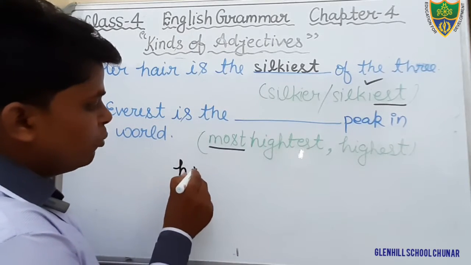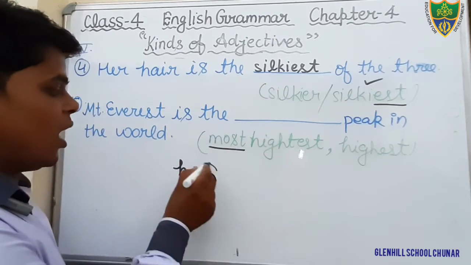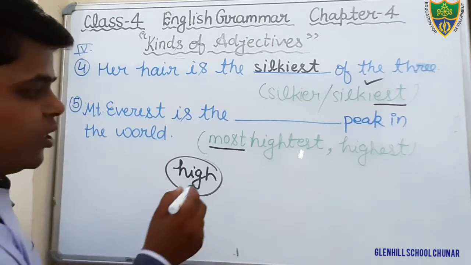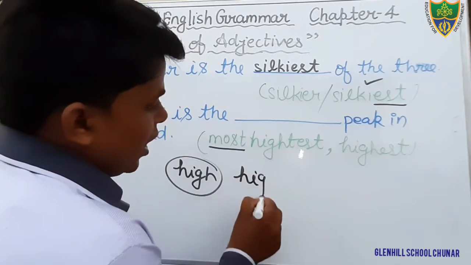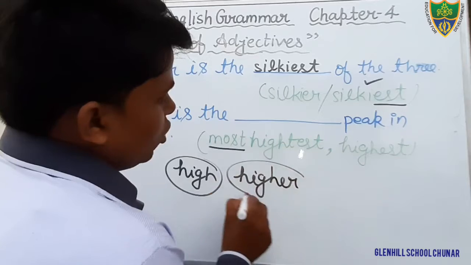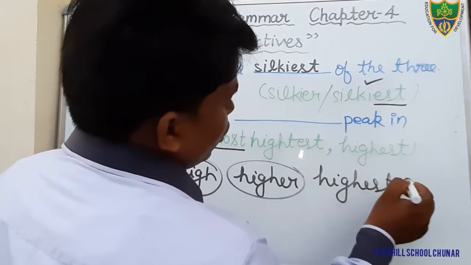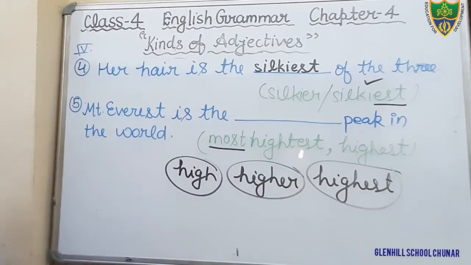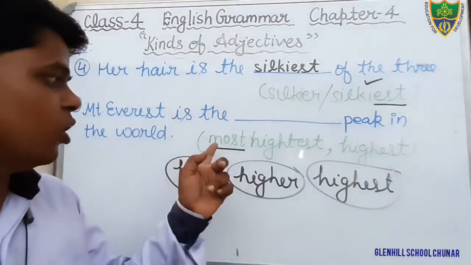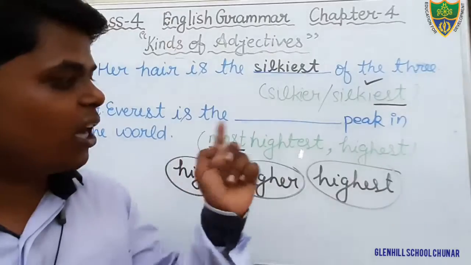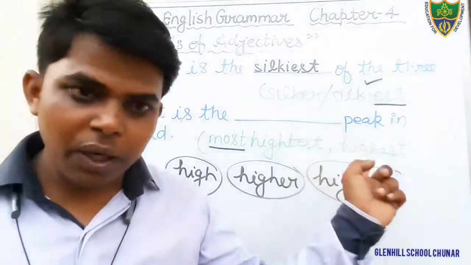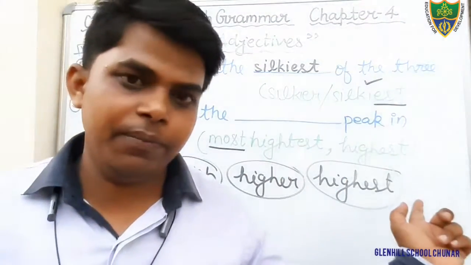What would be the positive form of highest? High. And what would be the comparative form? Higher. And what would be the superlative form? Highest. So dear students, in this question there is no need to use the word "most", because we can make this word superlative by adding "est".